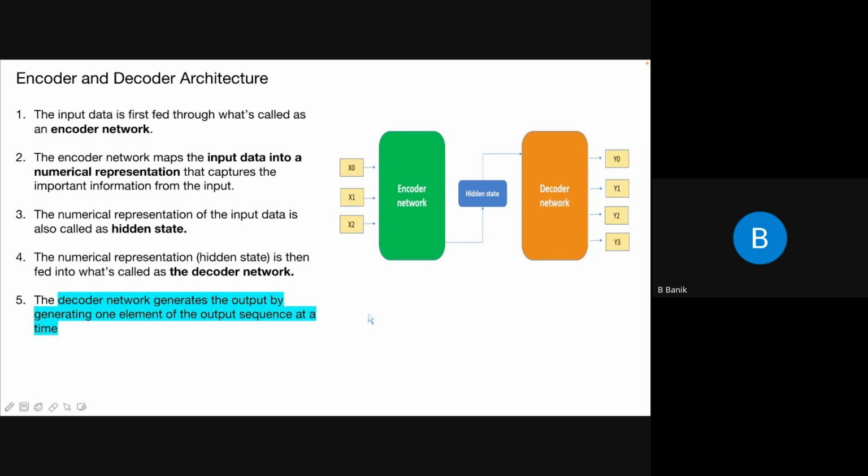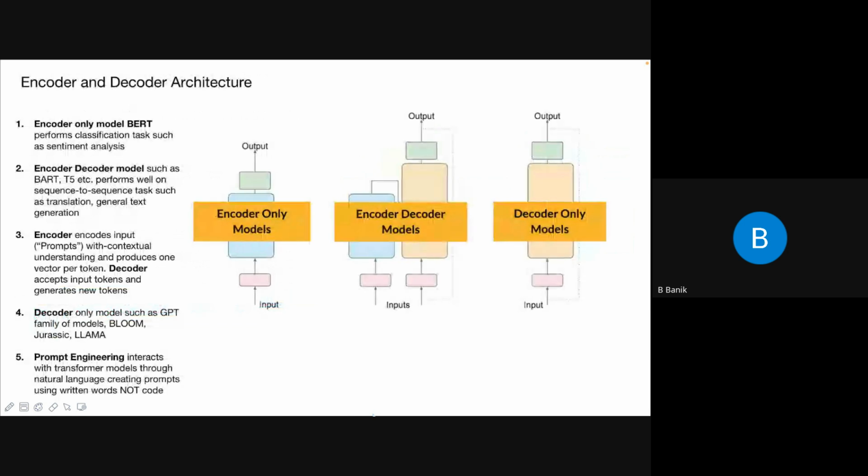So basically in an encoder decoder architecture, before passing the text to the model, we tokenize it, and it gets into the hidden state and is passed with the same tokens to the decoder network, and then it translates into your inference. With that, there are different types of encoder decoder architecture.